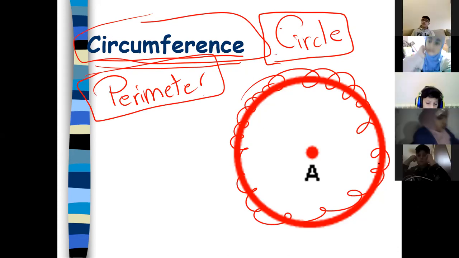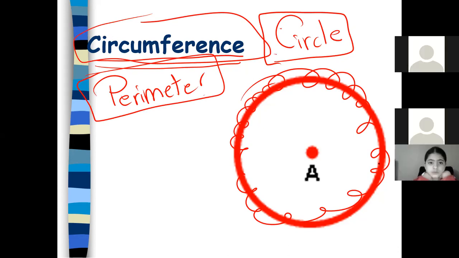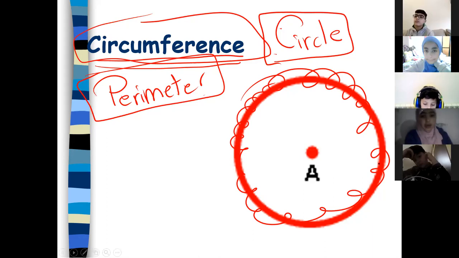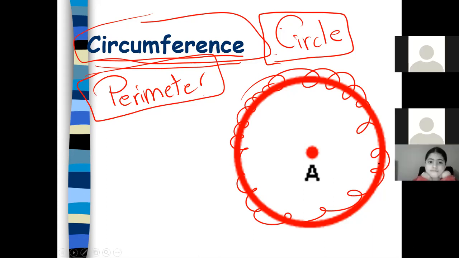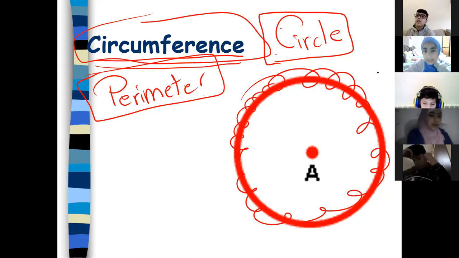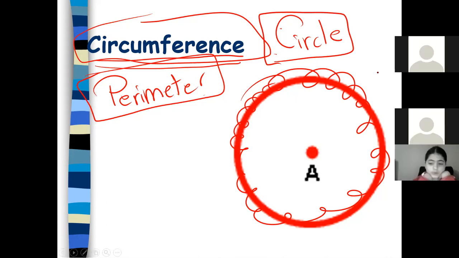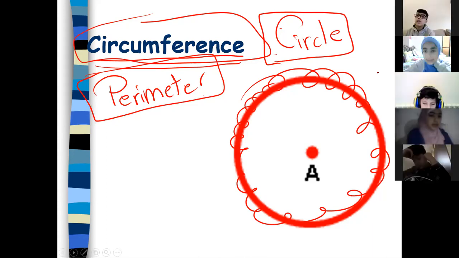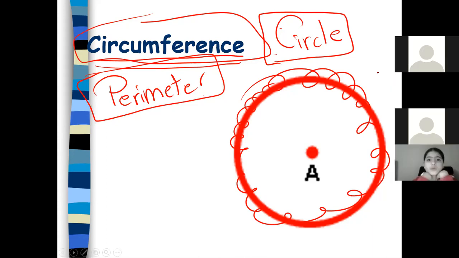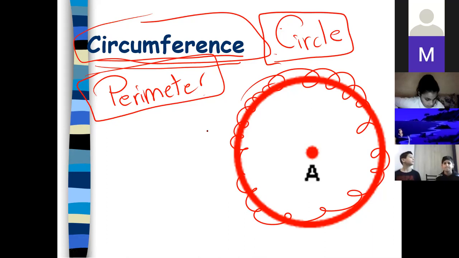So what do I mean by circumference? It's the same as the perimeter. It's the distance around this circle.